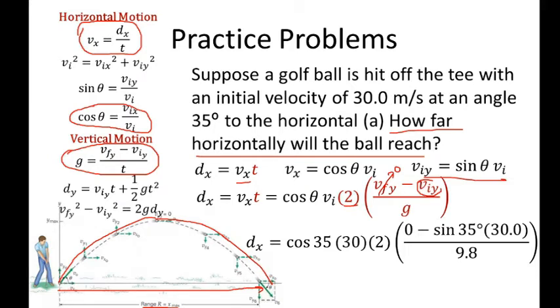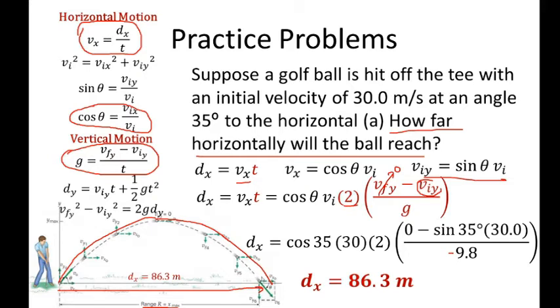If the object is moving upward, the object is slowing down, and the acceleration is negative 9.8 meters per second squared. So you must remember that if the object is decreasing its velocity, the acceleration is negative. Our answer now for dx is around 86.3 meters.